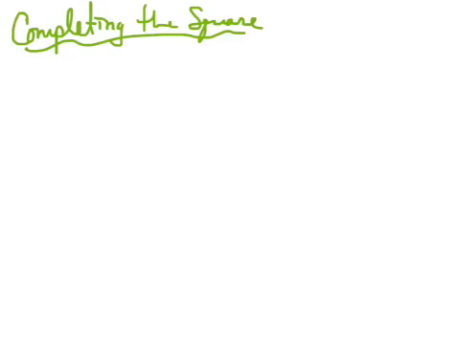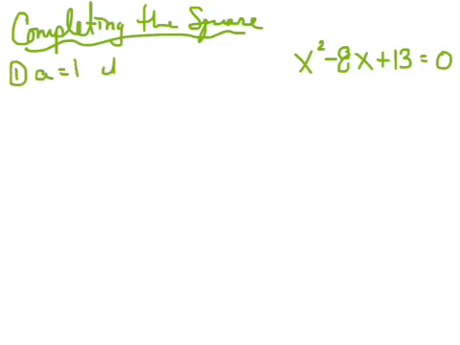The first one I'm going to give you is x squared minus 8x plus 13. Now the first thing that needs to happen is the number in the a position needs to equal 1. If it's not, you need to make it.